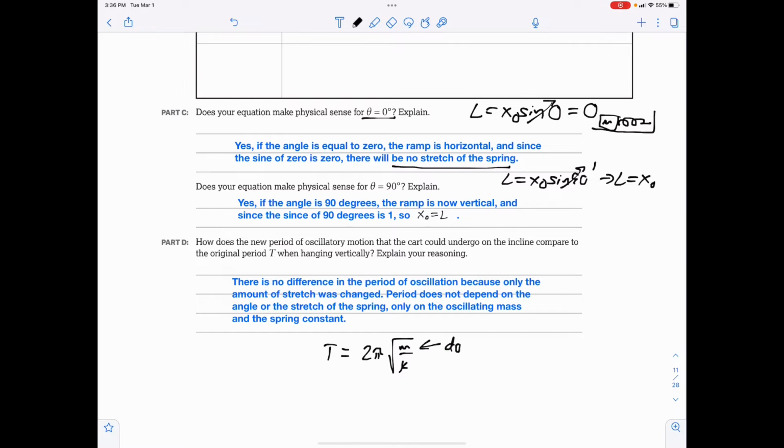This does not change, and this doesn't change. So on the incline, you still have the same mass, you still have the same spring, therefore the period is not going to change.